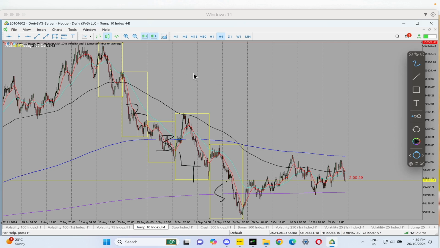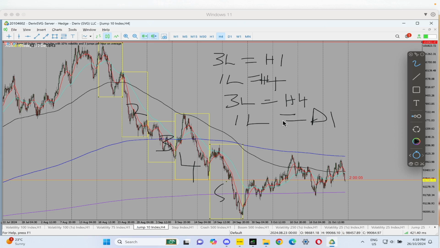Now, listen, for you to say you have got one 4-hour level, you should have 3 H1 levels. So 3 H1 levels is equal to 1 4-hour level. Now, if you have 3 4-hour levels, then it means you have 1 D1 level.